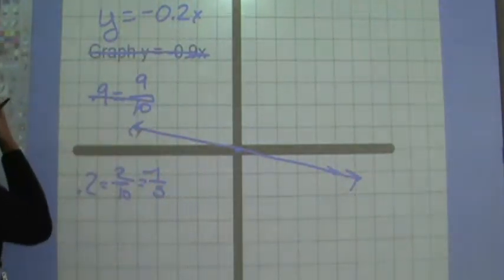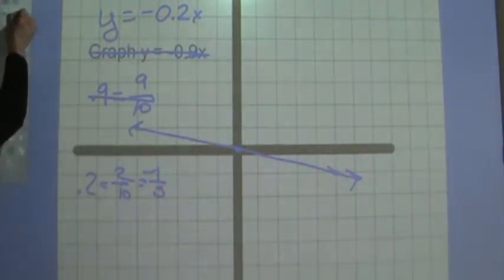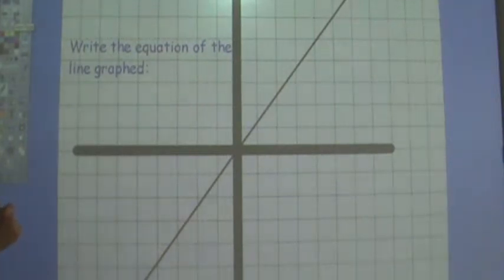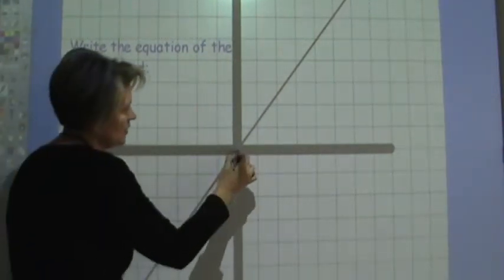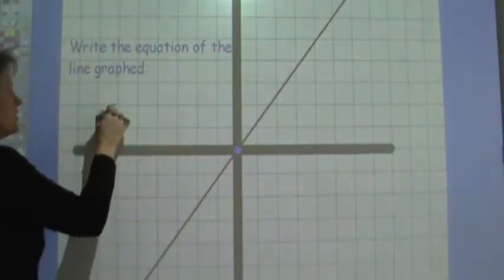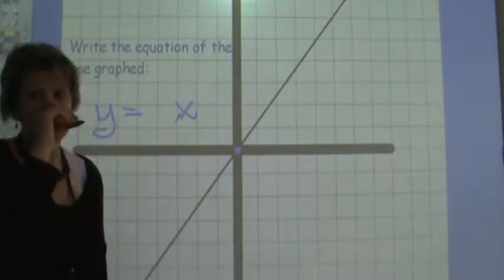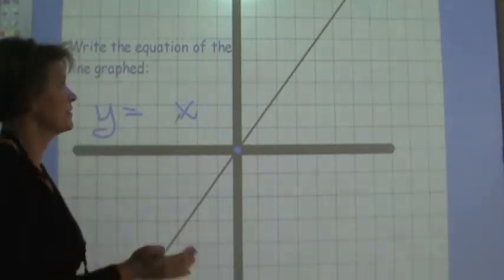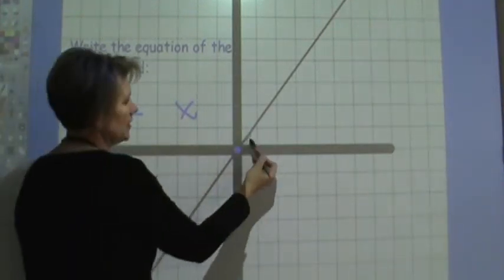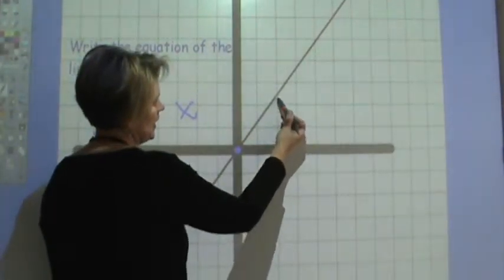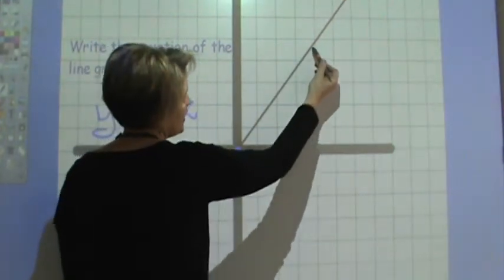Okay, next. Write the equation of the line graphed. It starts at the origin, so we know it's going to be y equals something x. We just need to figure out what the slope of the line is. Rise over run. So let's find a really good spot to count. Not so great there, not so great there. Pretty close there.